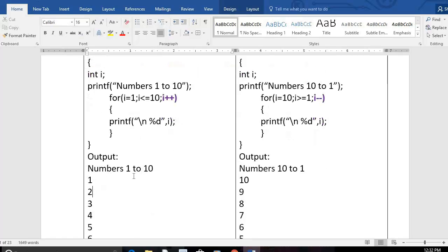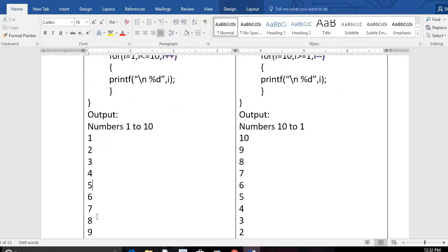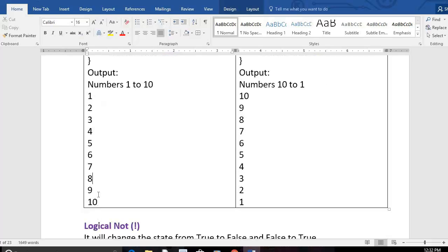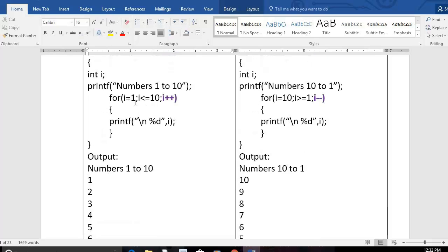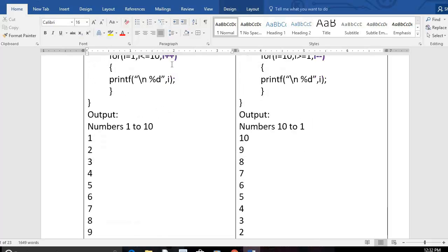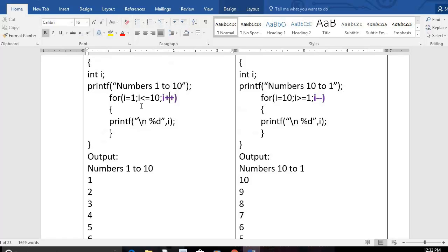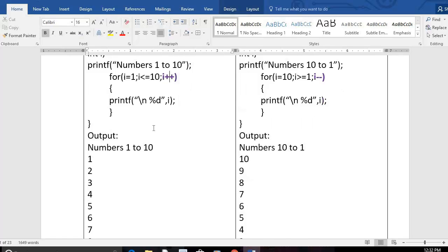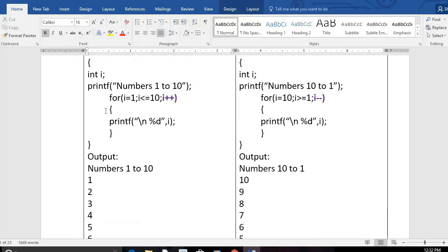Then I plus plus, it becomes 3, 3 is printed, then 4, 5, 6, 7, and so on up to 10. 10 less than or equal to 10? Yes, 10 is not less than 10, but it is equal to 10. 10 will be printed. Then I becomes 11. 11 less than or equal to 10? No. Program is over. In such situations we use I plus plus.